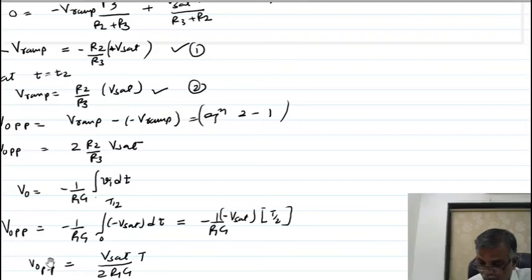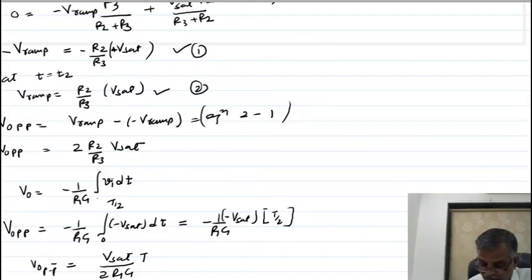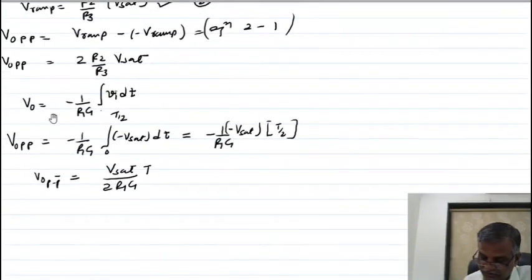Now what is VO peak to peak I have written? Look here: 2R2 by R3 into V set. So this value is nothing but this value. VO peak to peak is 2R2 by R3 into V set. So that I have to put here. So I am putting this value here.